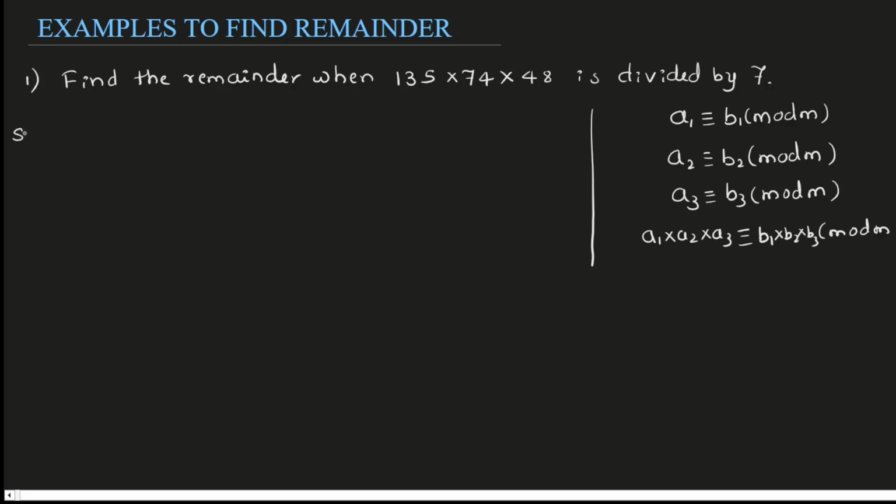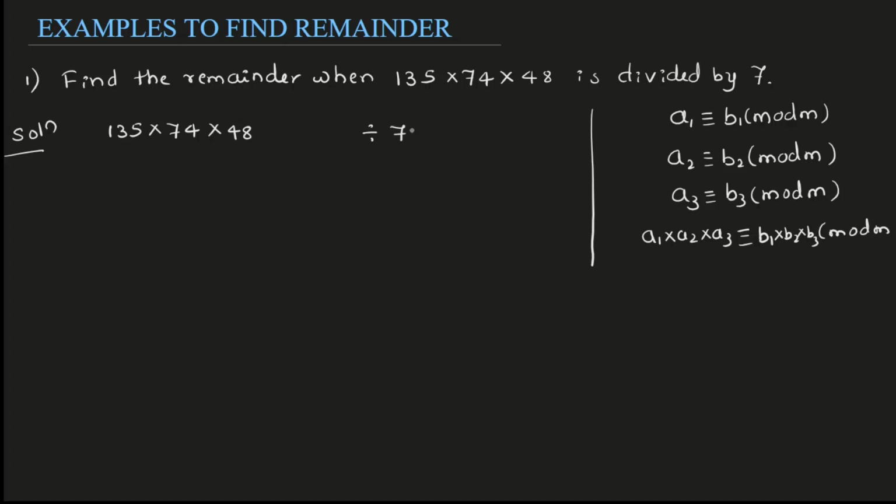Let us start. Solution. So what is given? 135 into 74 into 48, it is divided by 7. This is the question. Now, we'll consider 135 first.